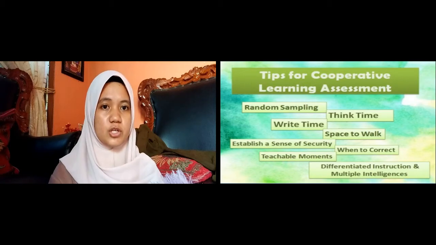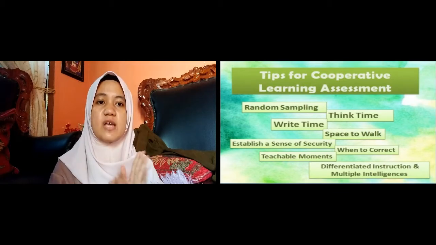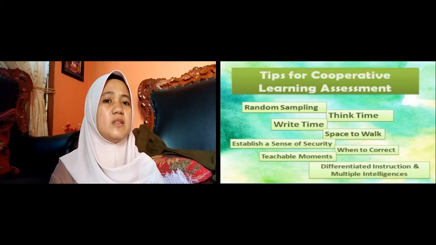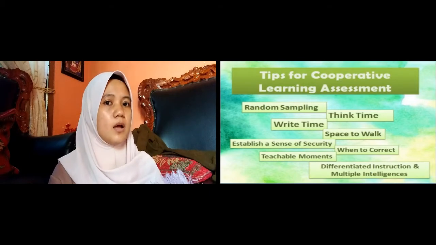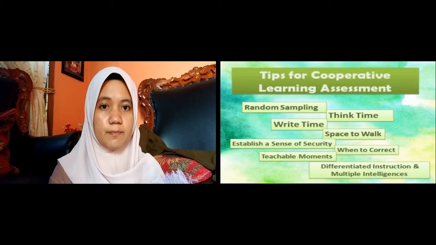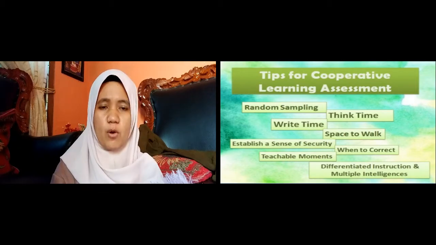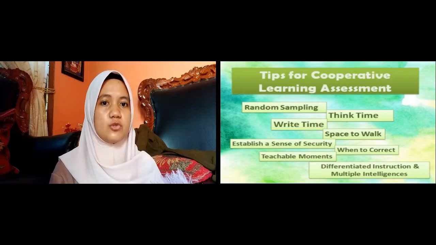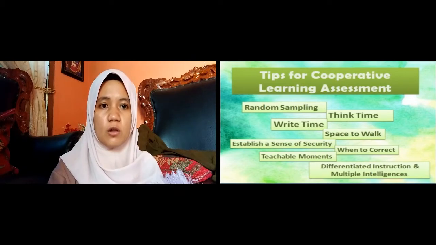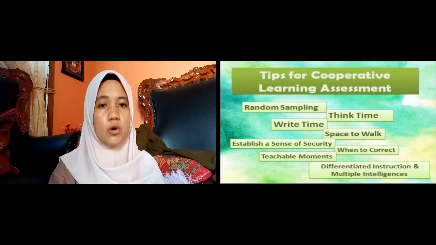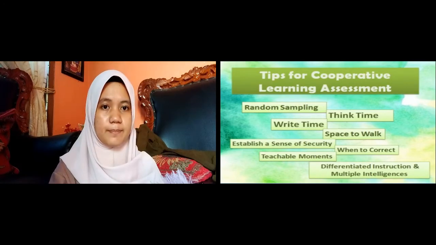After you ask a question, give students 3 to 5 seconds of silent think time to formulate their answer. The third is write time. Give students a little time to each write their response before calling on a student to respond, and allow students to not only collect their thoughts but to organize them and record them.